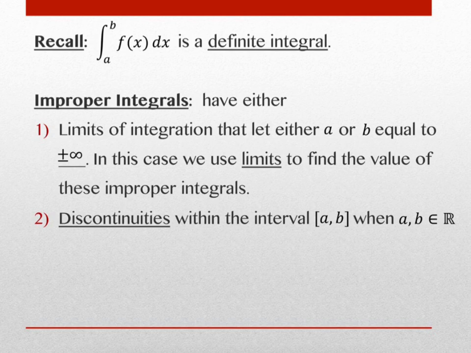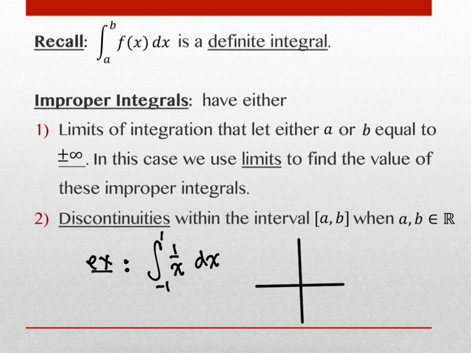For example, a real quick picture of where you've seen this happen is if we were trying to integrate 1 over x from -1 to 1, and we just tried to do it with our normal properties, we'd get a value and we'd get an answer and it would be wrong. The reason it would be wrong is because it's not continuous, and the definite integral formula hinged on the function being continuous.